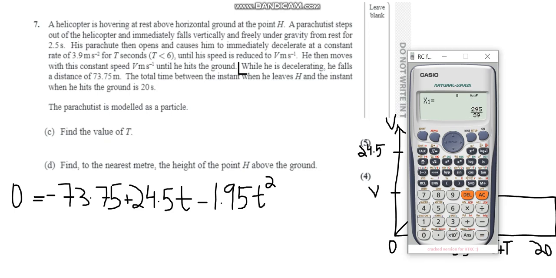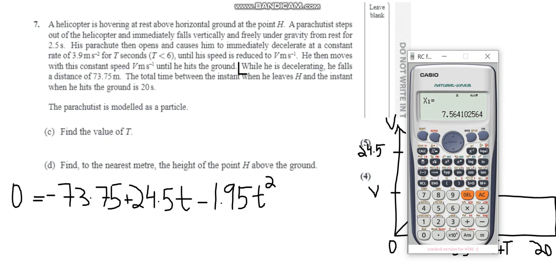Our first value for t is 7.56. Always remember guys, they said that his parachute then opens and causes him to immediately decelerate at a constant rate of 3.9 meters per second squared. The t will be less than 6, it can't be greater than 6, so we will ignore this value.